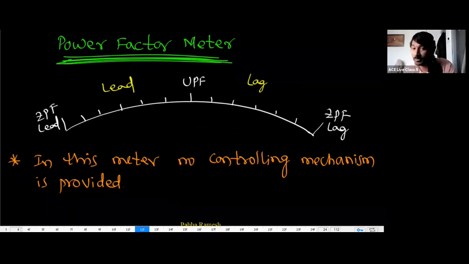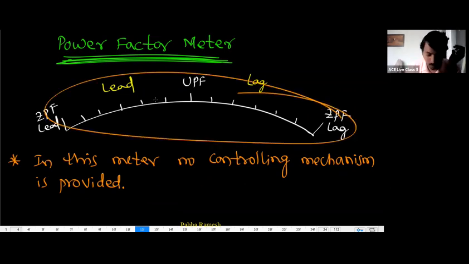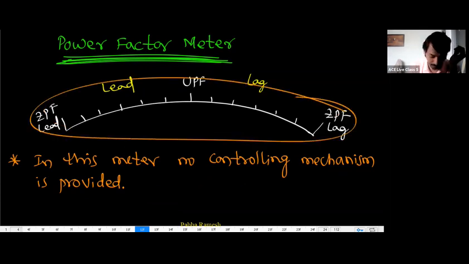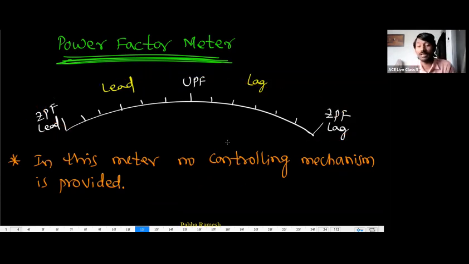Be clear, try to understand the terminology here. No controlling mechanism is provided means the restoring of the pointer, moving back to 0, is not available in this meter and should not be available, because there is no corresponding initial value at all. So the restoring force, the force related to moving back to 0, is absent.